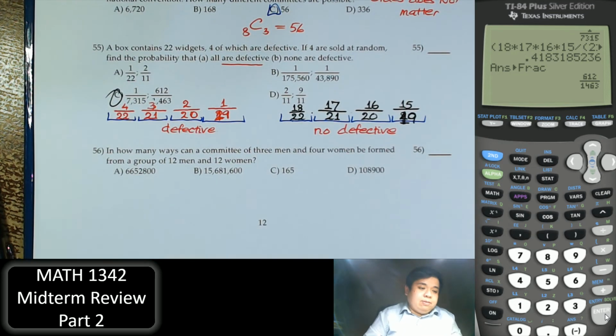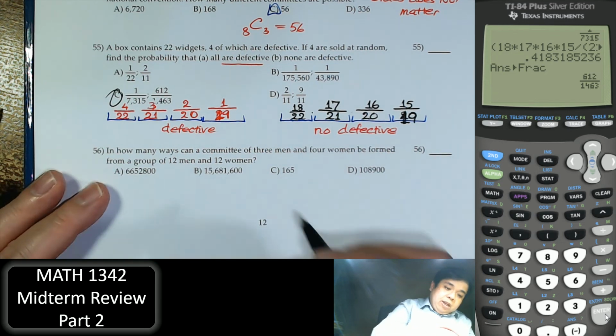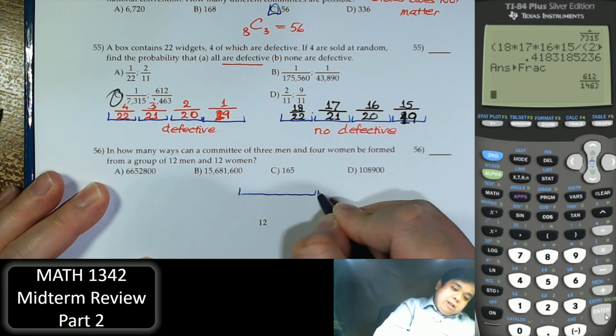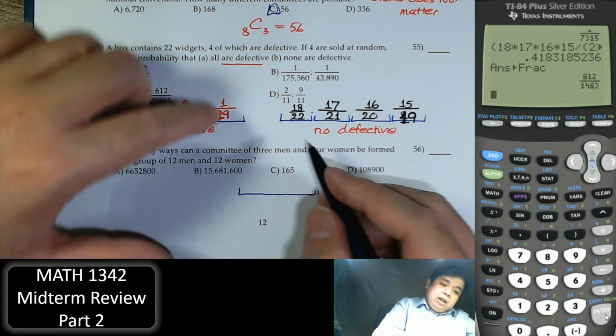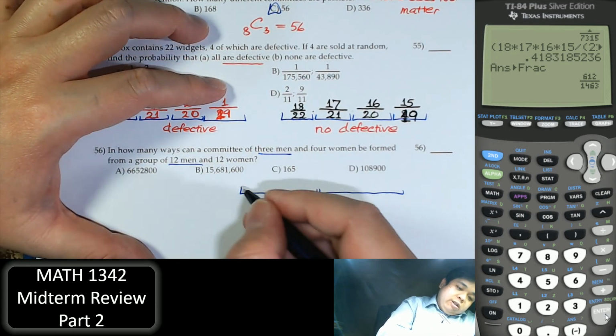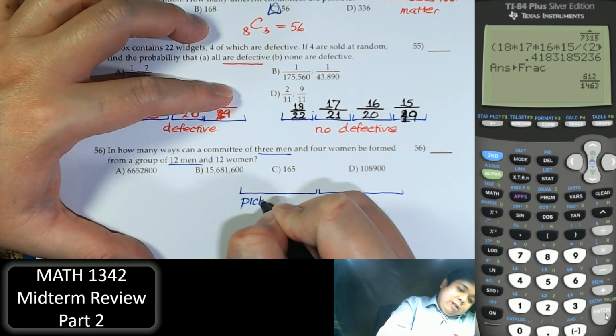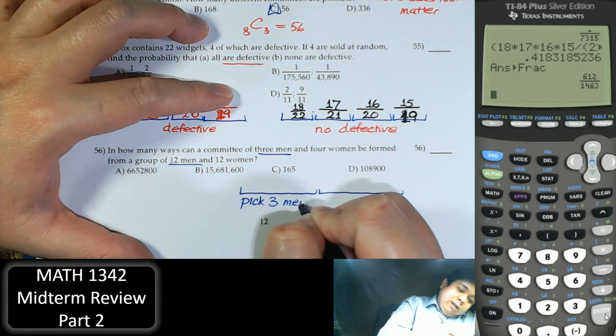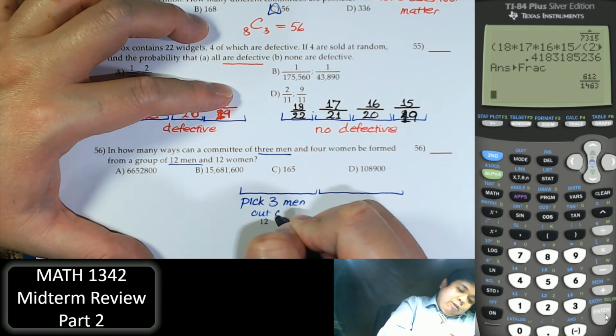That's what we have. Right, next, in how many ways can a committee of 3 men and 4 women be formed from 12 men and 12 women? So first, we're going to pick 3 men out of 12.